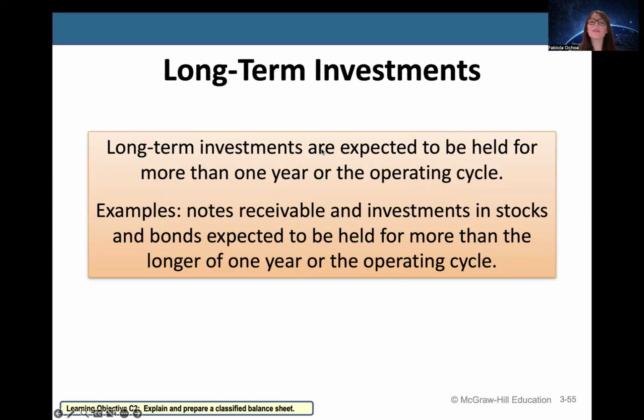Long-term investments are expected to be held for more than 1 year or the operating cycle. We have items like notes receivable and investments in stocks and bonds, expected to be held for more than the longer of 1 year or the operating cycle. So these are just investments that the company owns. These are assets.